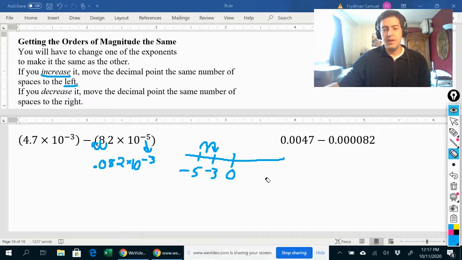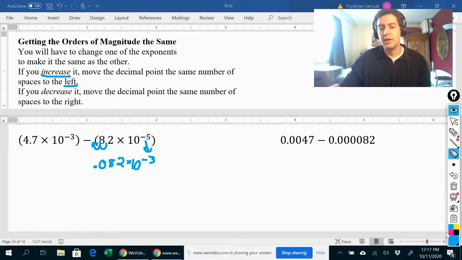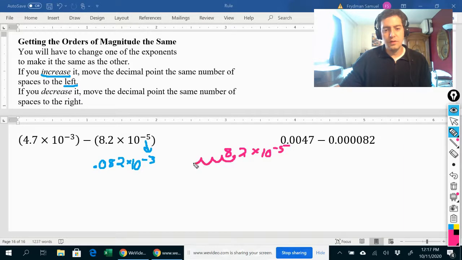All right? Now again, I know you're so sick of me by now, but again, to see that these numbers really are equivalent to each other, if we do 8.2 times 10 to the -5th, then we have 1, 2, 3, 4, 5. So we get 0.000082. That's what I wrote over here.